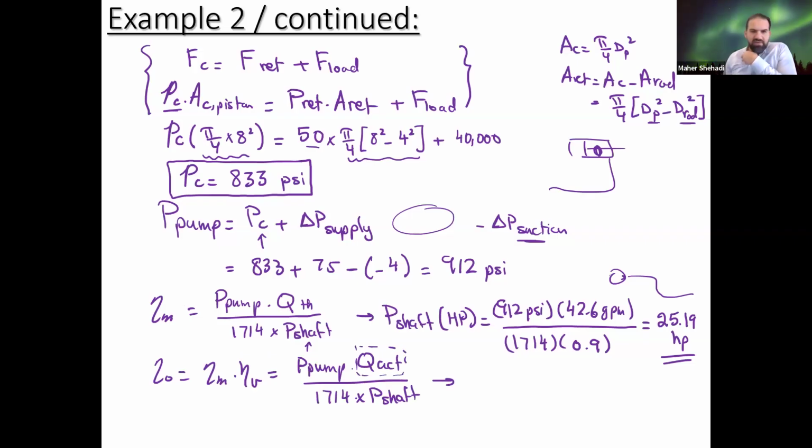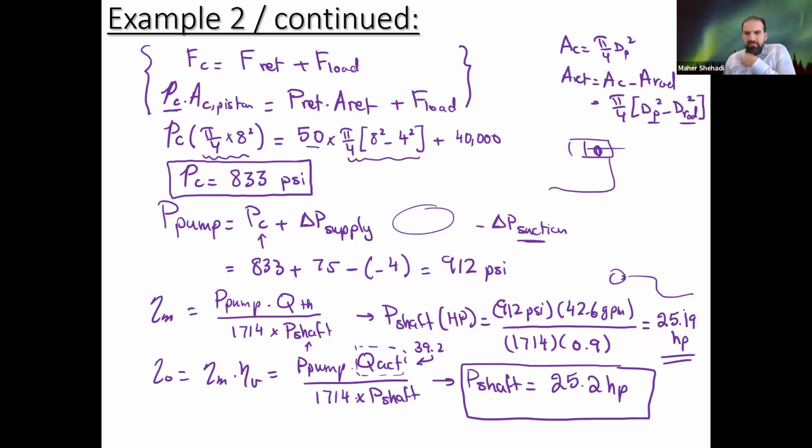That was the measured 39.2 GPM. You will get the same answer, 25.2 horsepower. Which one should I use? Well, it's up to you, but just make sure if you use the overall efficiency that you're using the actual. If you're using the mechanical efficiency, you use the theoretical flow rate. All right, that's part two, the horsepower required to drive the shaft.